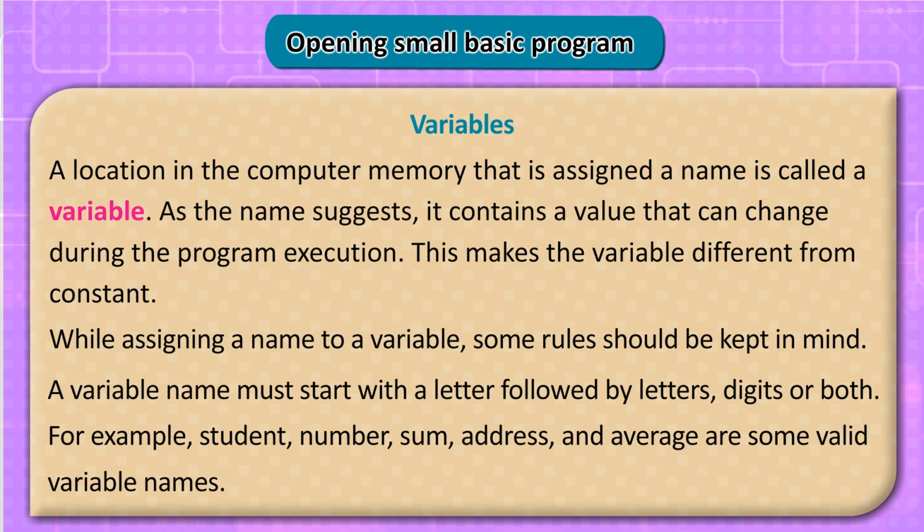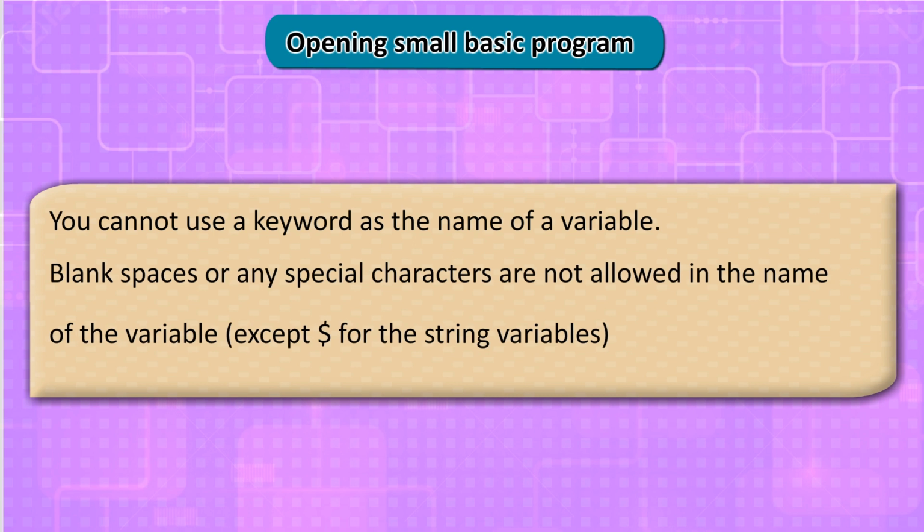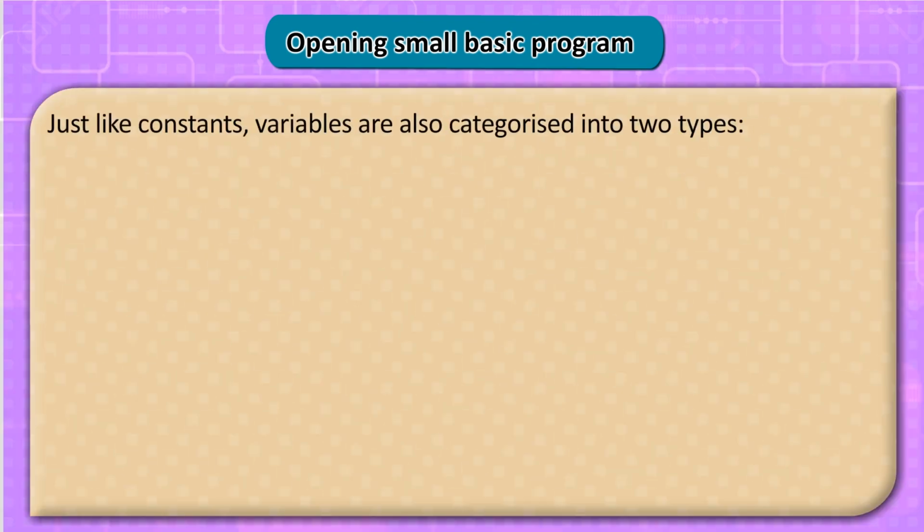For example, student, number, sum, address, and average are some valid variable names. You cannot use a keyword as the name of a variable. Blank spaces or any special characters are not allowed in the name of a variable, except $ for string variables. Just like constants, variables are also categorized into two types.